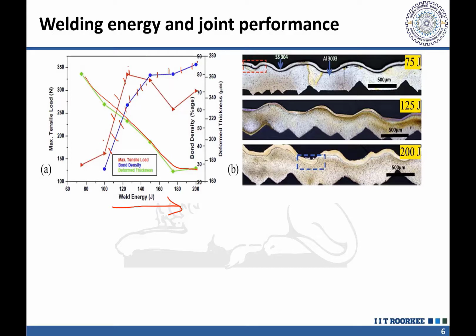But here you see there is some optimum value of the weld energy that we have to apply for the maximum joint strength, and thereafter we notice that the joint strength is getting decreased.